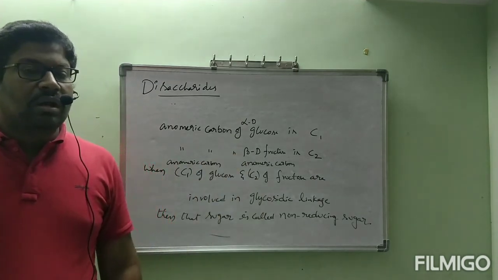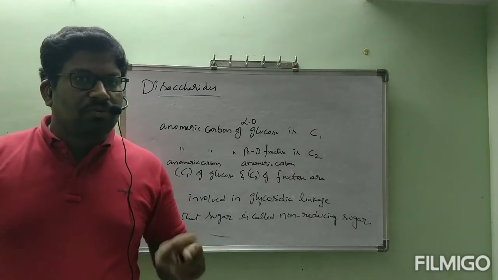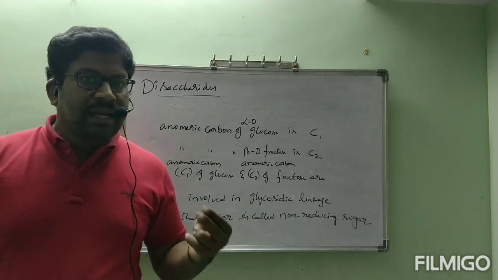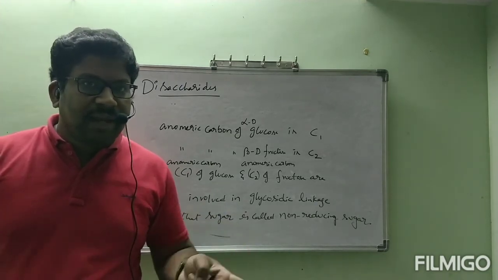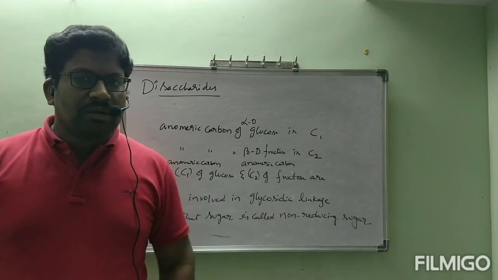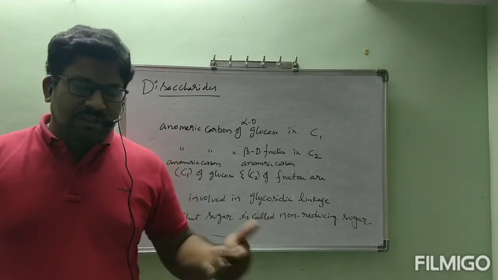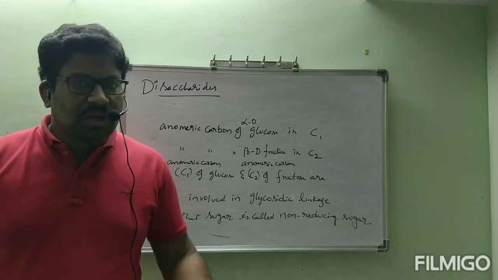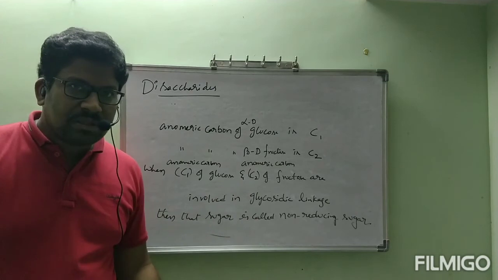If any one anomeric carbon of the two monomers is free, then that molecule is called a reducing sugar. We will confirm once we go through the maltose and lactose structures. Now, are you clear about sucrose?